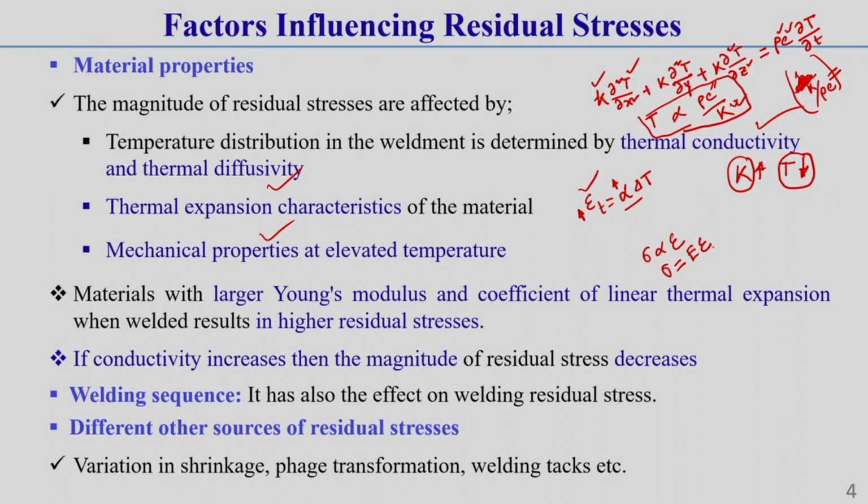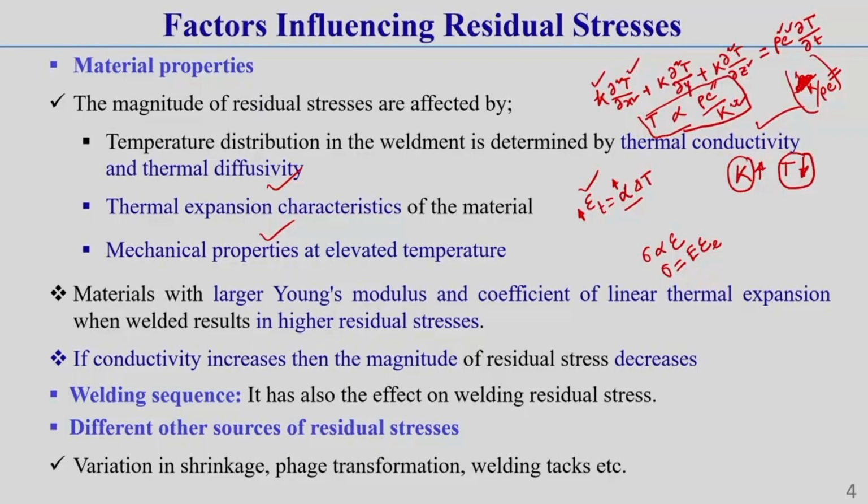This you should keep in mind. Residual stress depends on elastic strain, because once you release that sinkage portion, or the contraction or expansion portion, the material returns back to its original position. That is why residual stress is developed inside a structure due to elastic strain. This you should keep in mind. Again and again I am telling.